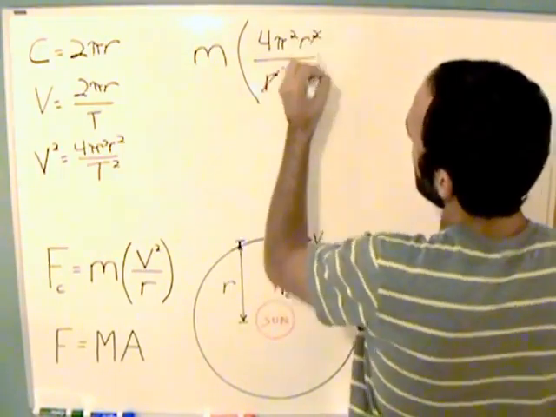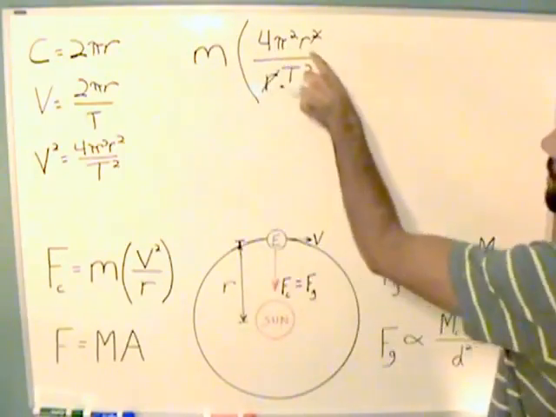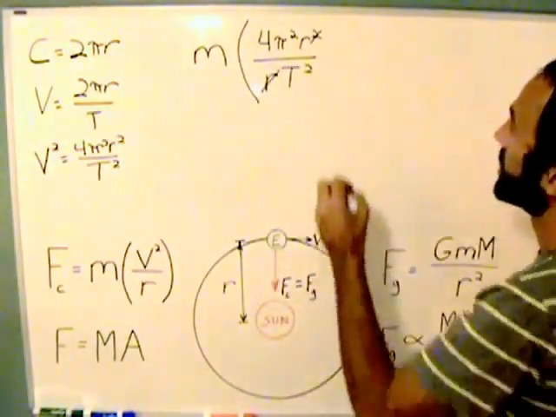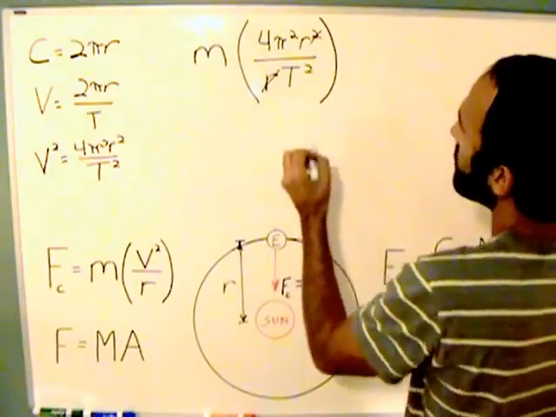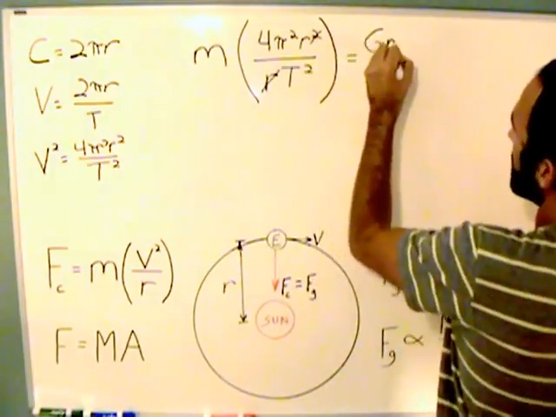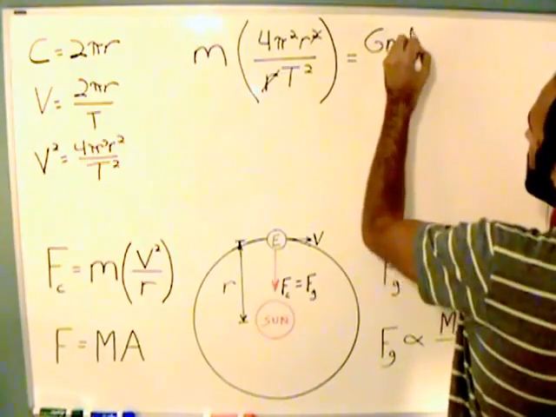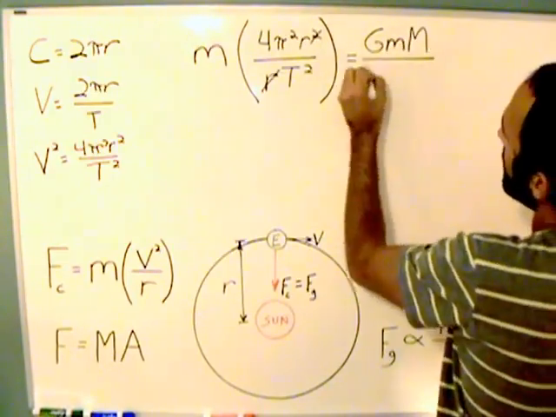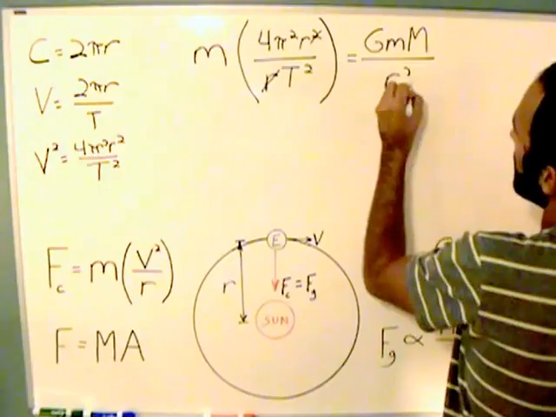This r cancels and that r cancels, so you get 4 pi squared r over the period squared, or big T squared. Then set that equal to big G times little m times big M, mass of the Sun, divided by r squared.